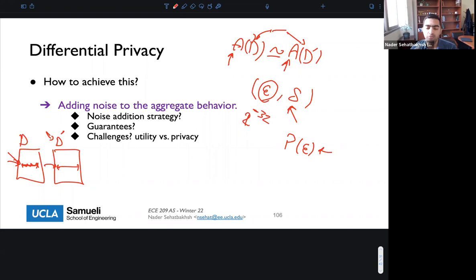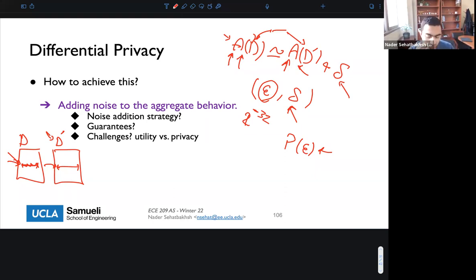Then if the user wants to do the aggregation on this noisy data set, we guarantee that the values he's going to get would be as similar to the original values plus some delta. So the added noise to the system would be only as small as delta. And if this delta is small enough, this approximation is good enough.